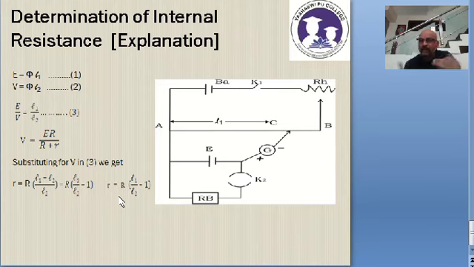Anyhow, there is an experiment on the meter bridge, an experiment on the potentiometer to compare the EMF of two cells, and also the experiment to determine the internal resistance of the cell. You will learn these three things in the practical classes. Nothing to worry. Whatever you understand now, keep in your mind.